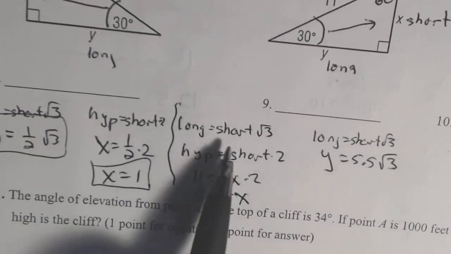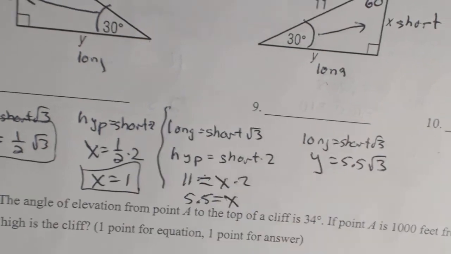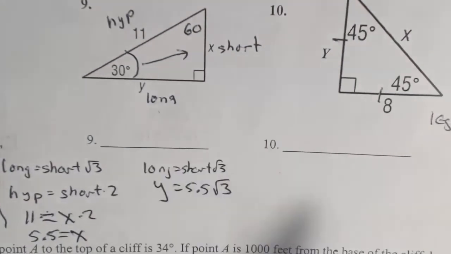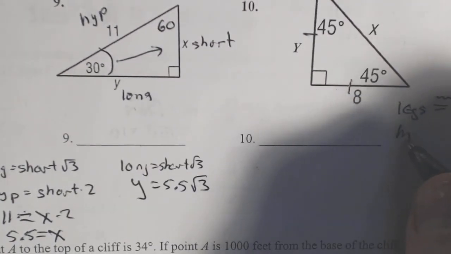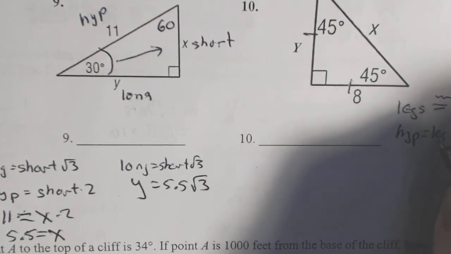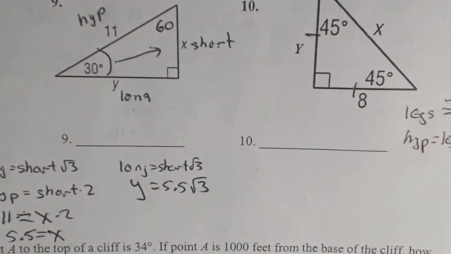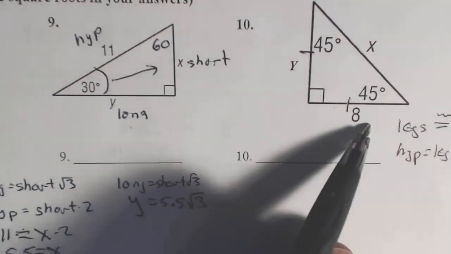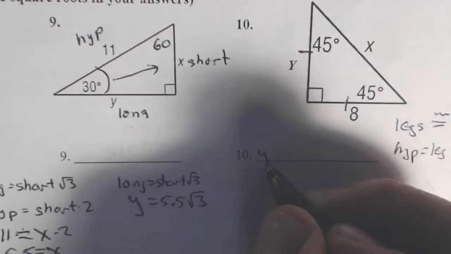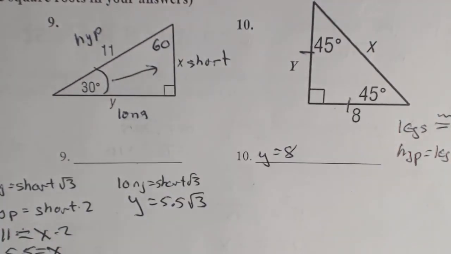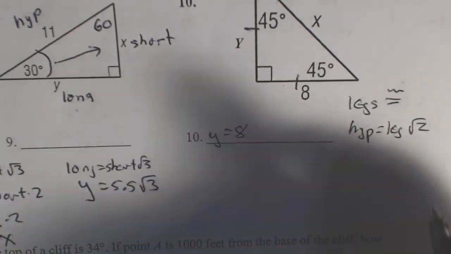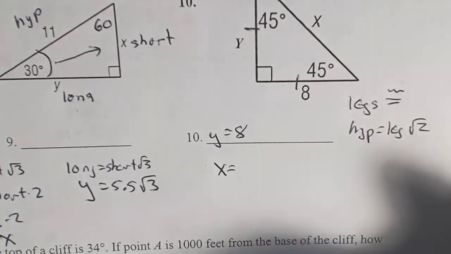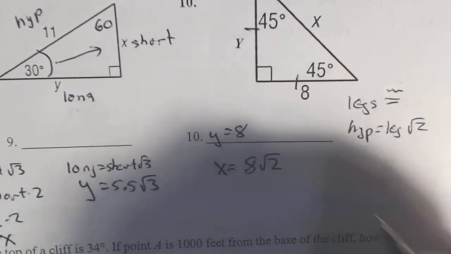Over here, the hypotenuse was short times regular 2. Here, in this case, the hypotenuse is leg square root 2. Well, this one becomes pretty easy then. Those are marked equal, so y just equals 8. And x is the hypotenuse. It's the leg times root 2. X is equal to 8 square root 2.